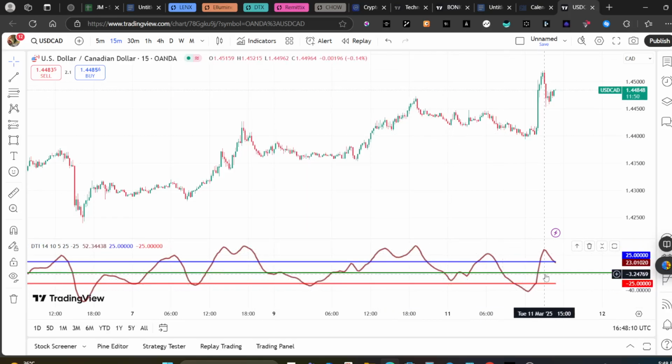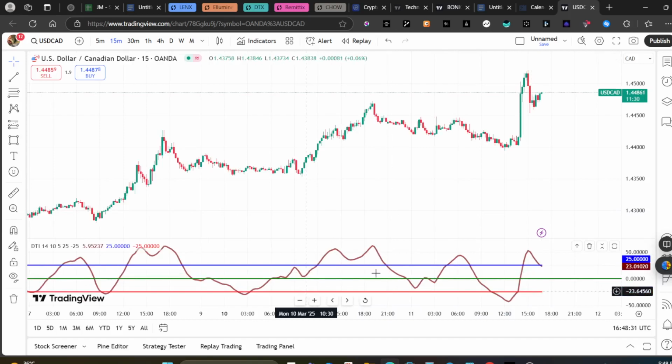Okay, so now this indicator helps you to know when the market is in an overbought condition and when the market is in an oversold condition. Okay, so it's quite straightforward. Actually, using this indicator is quite straightforward.